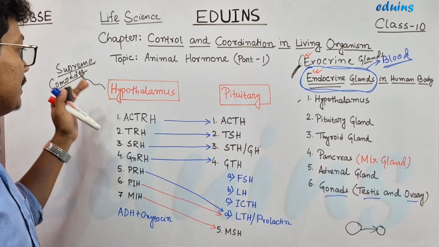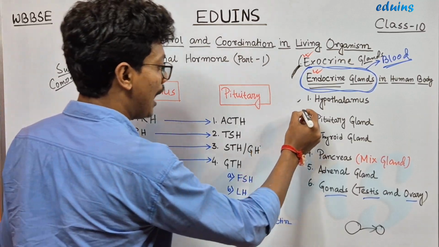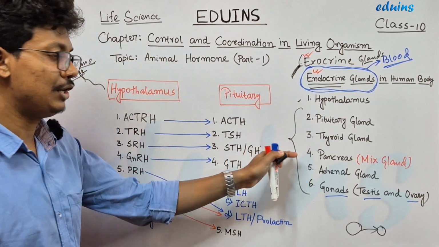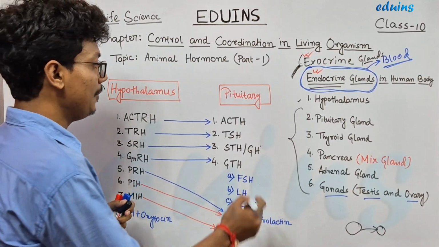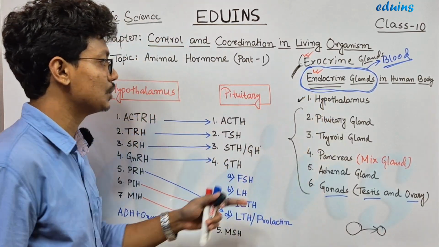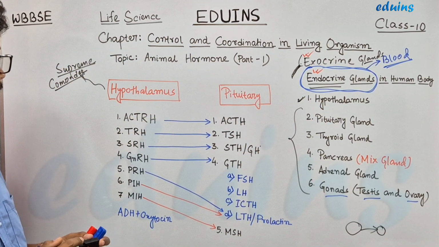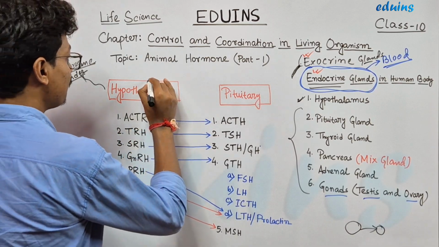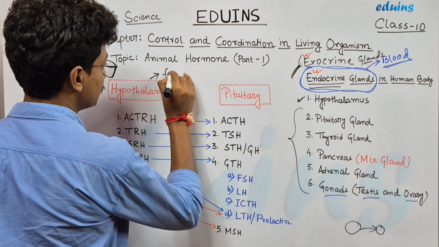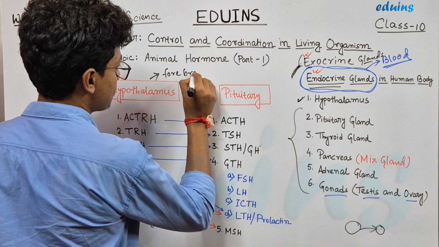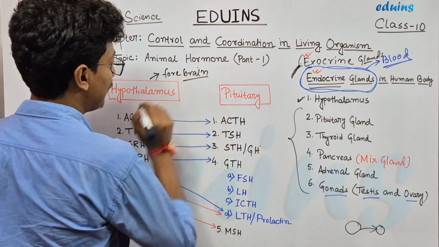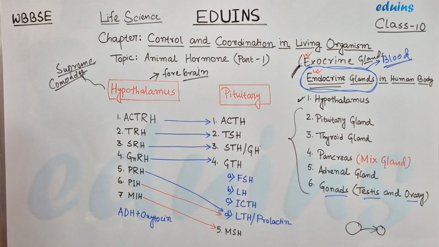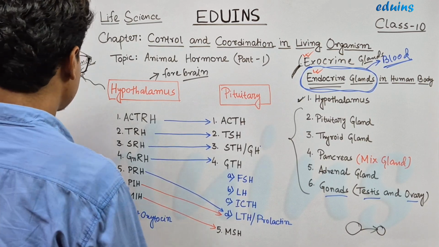Because the secretion of all the other endocrine glands is controlled by the hypothalamus. That's why it is known as the supreme commander gland. The hypothalamus is located in the forebrain.